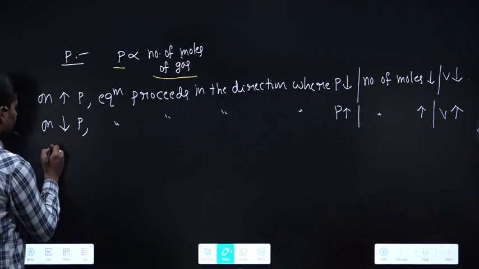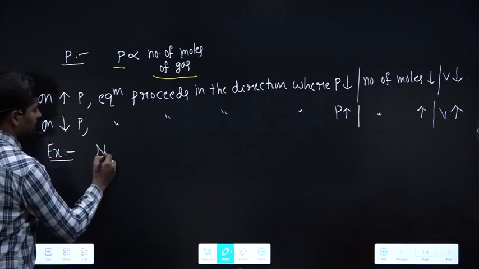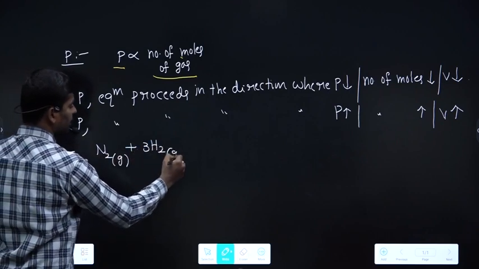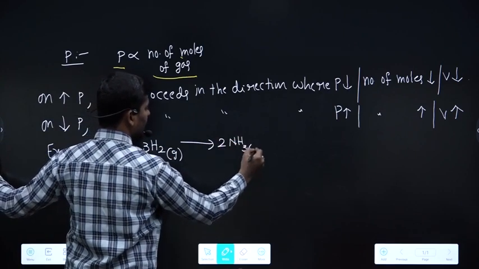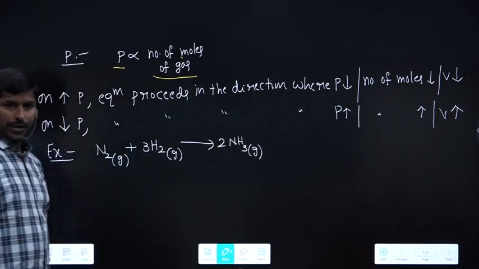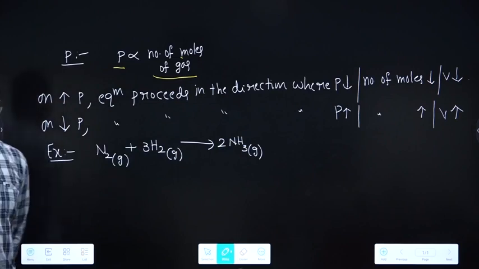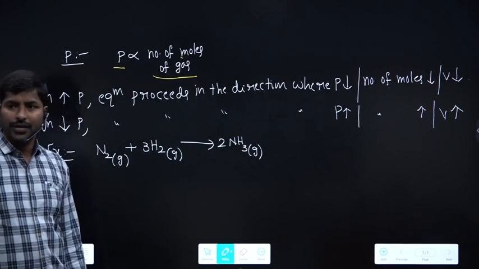Okay, if you see the example, N2 gas plus 3H2 gas, we are preparing ammonia from nitrogen and hydrogen gas, Haber's process. Is high pressure favored or low pressure favored for the formation of ammonia?